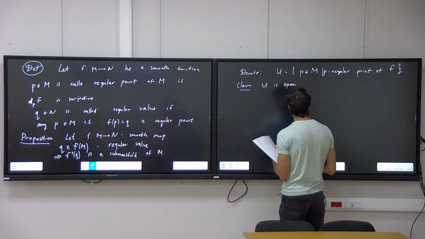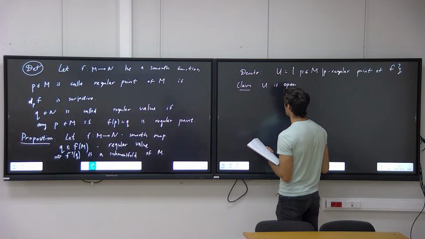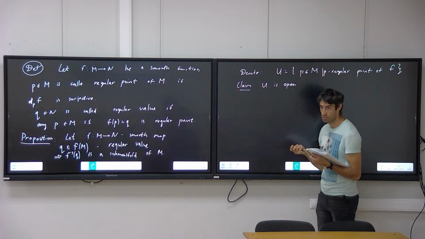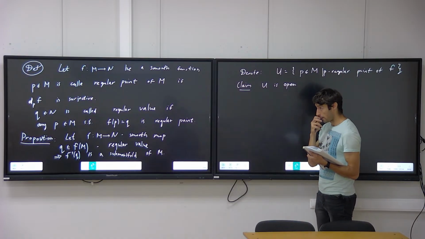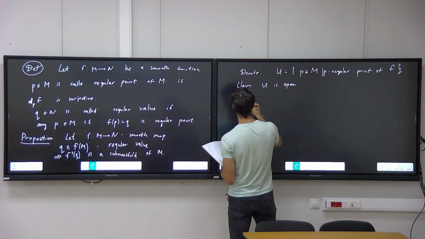Just need to see that if p is a point in U, then points close enough are also regular, right? This is clear because, okay, suppose p is in U, right?